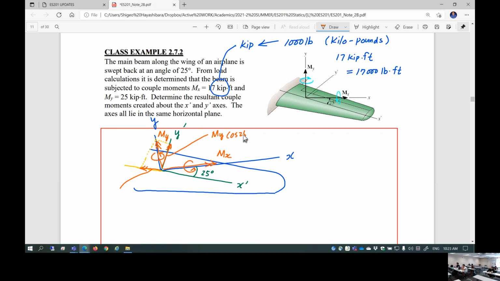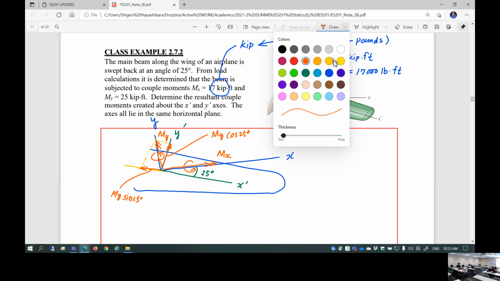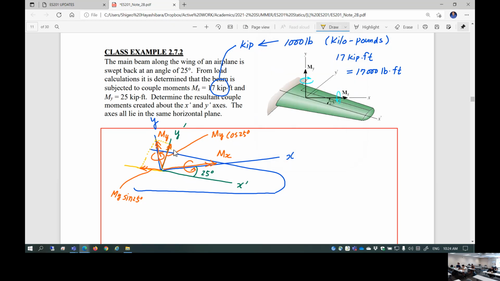Cosine 25. This is My sine 25. Did you get that? And of course, this one can be resolved into two as well. This and that.